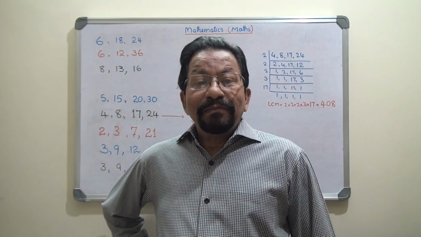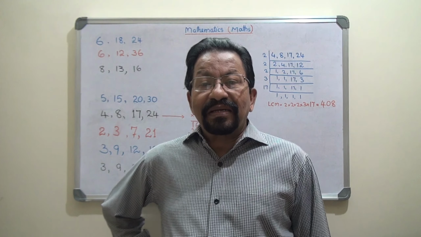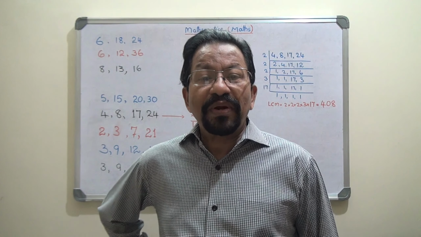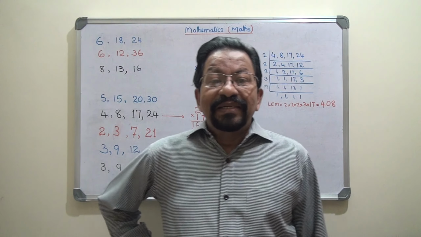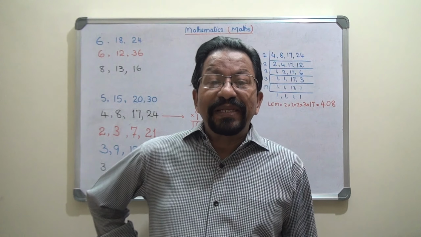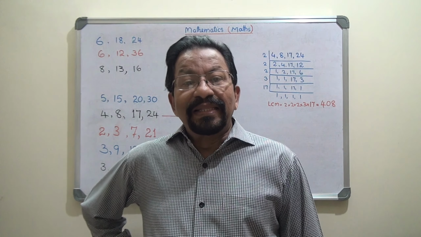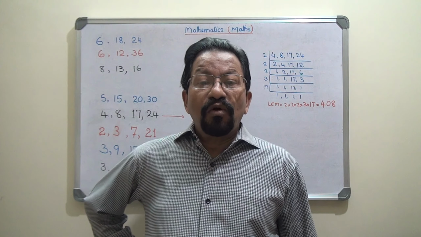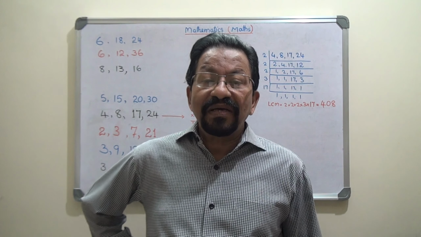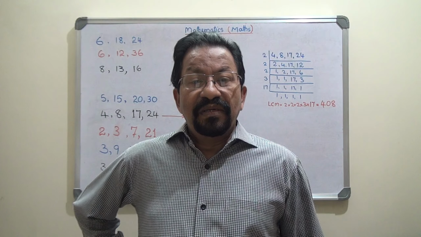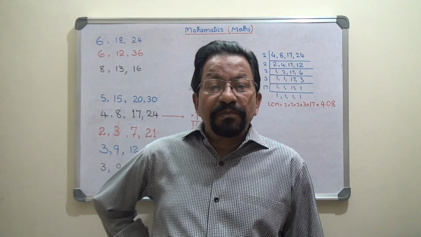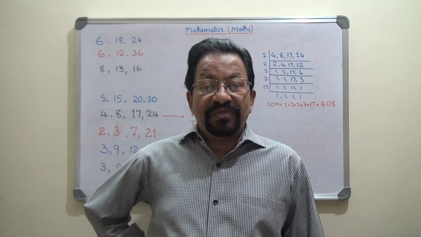What are the methods in primary level we are learning in the school? First one is taking the multiples of each denominator and marking the common multiples, then taking the lowest or least one of the common multiples. Second one we are adopting is prime factorization.